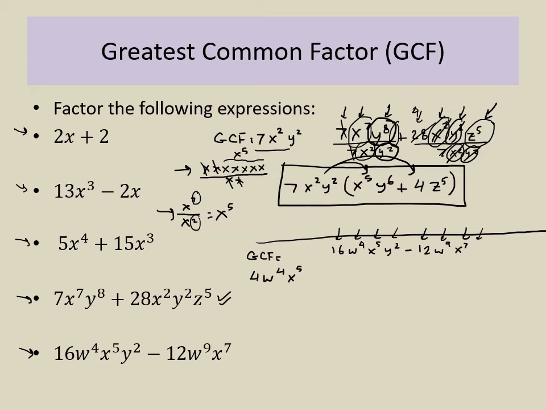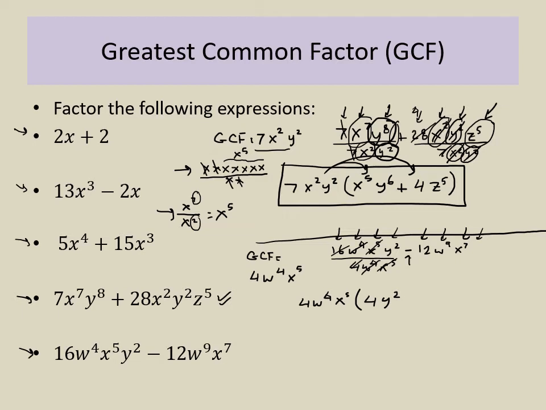So let's factor out 4 w to the 4th power, x to the 5th power, open the parentheses and see what we have left. If we divide this by 4w to the 4th, x to the 5th, 16 divided by 4 is going to leave us with 4. W to the 4th divided by w to the 4th, they're going to cancel each other. X to the 5th power, x to the 5th power, cancel each other. And then we're just going to be left with y squared.